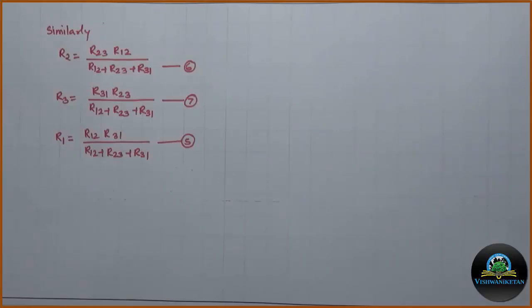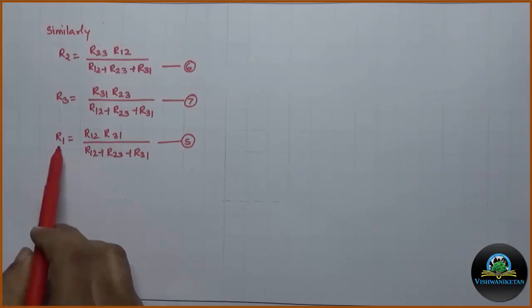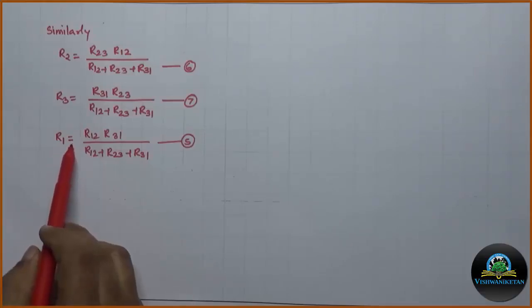Thus, a star resistance connected to a terminal is equal to product of the two delta resistances connected to the same terminal divided by sum of all delta resistances. So R1 is the resistance of star connection connected for terminal 1, which is equal to product of two delta resistances connected to same terminal.